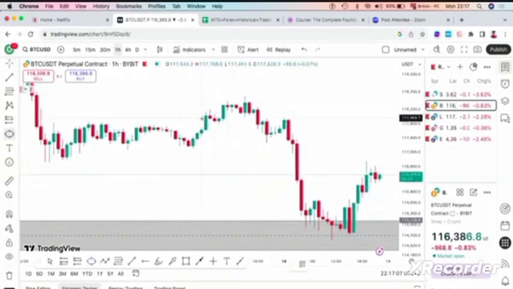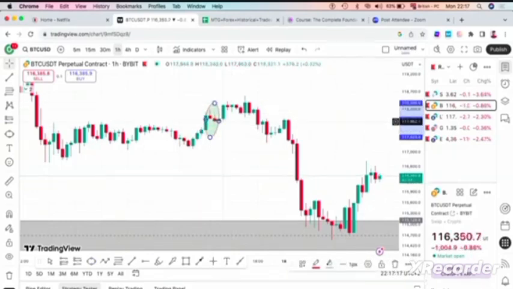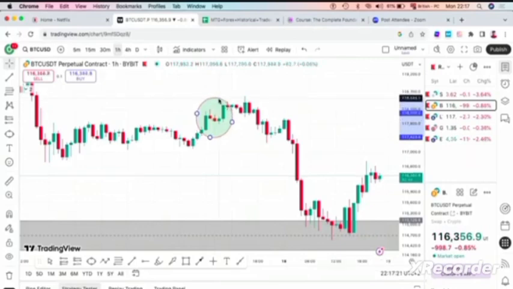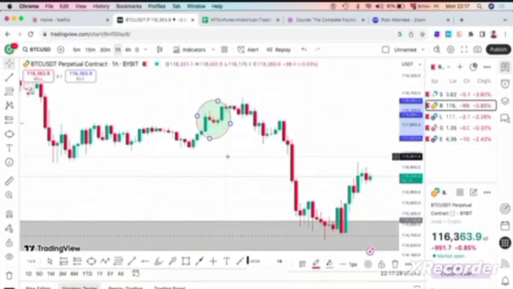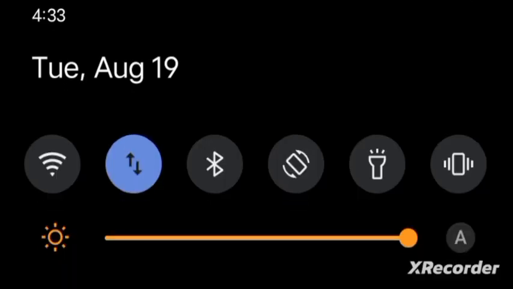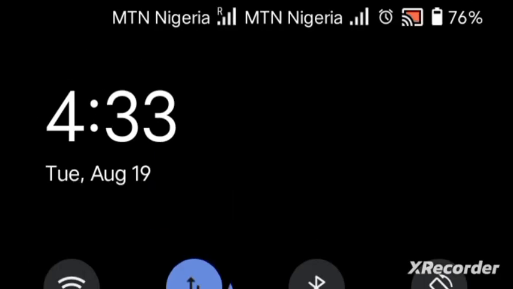This is a perfect example, and you can see when this happened, there was a reversal.